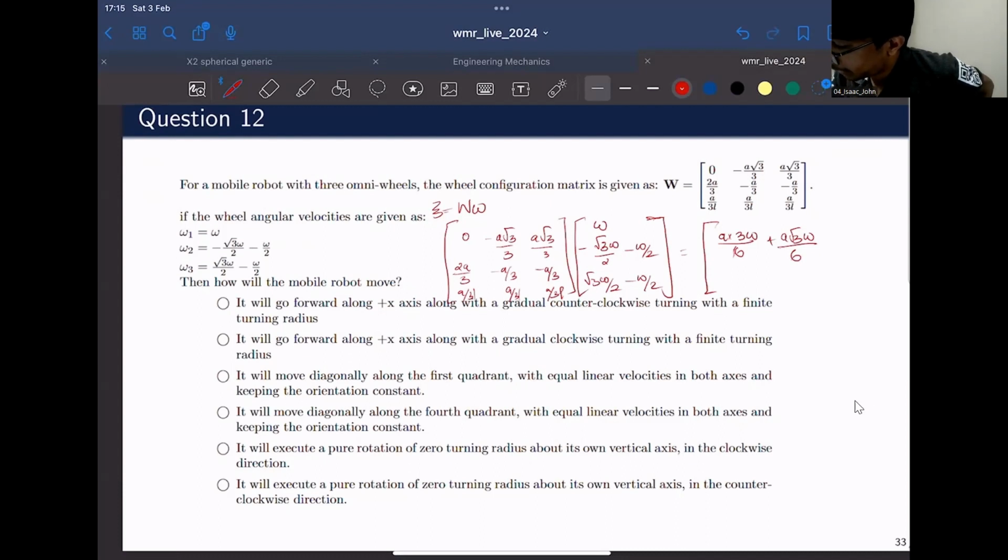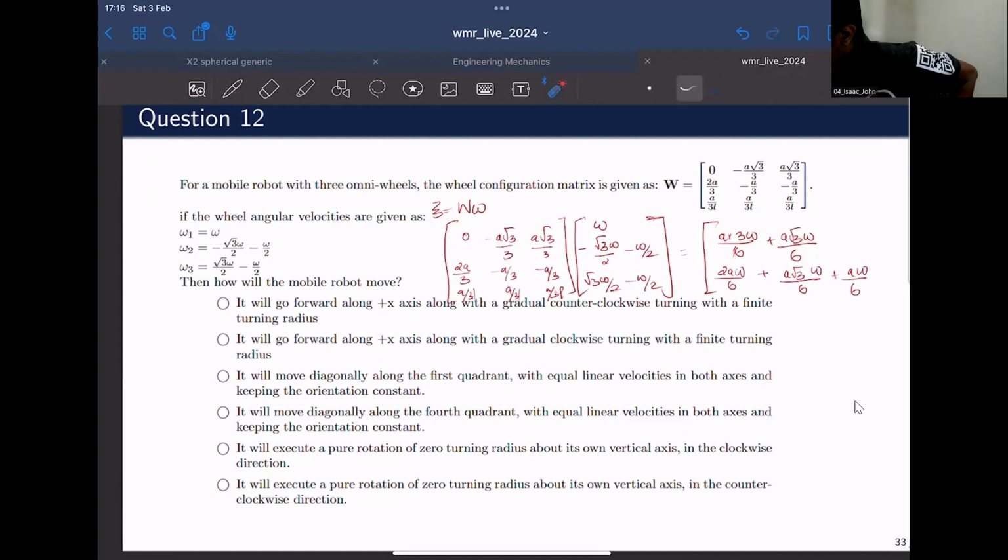Then the second entry would look like 2a omega by 6, then plus a root 3 omega by 6, plus a omega by 6. Is this correct?